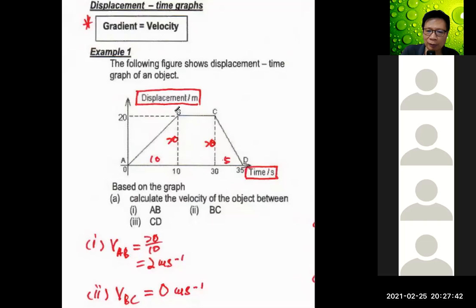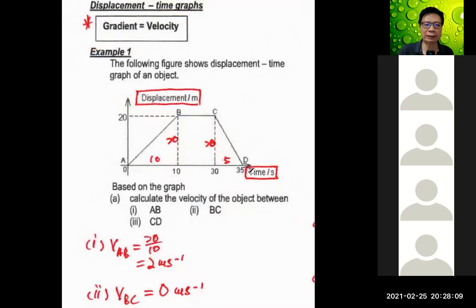You have gradient when the line is going uphill or going downhill. Uphill, gradient positive. Downhill, gradient negative. Horizontal means no gradient. So the answer is 0. So velocity BC is 0. Not moving, as we said just now, at rest. At rest means no velocity, not moving.